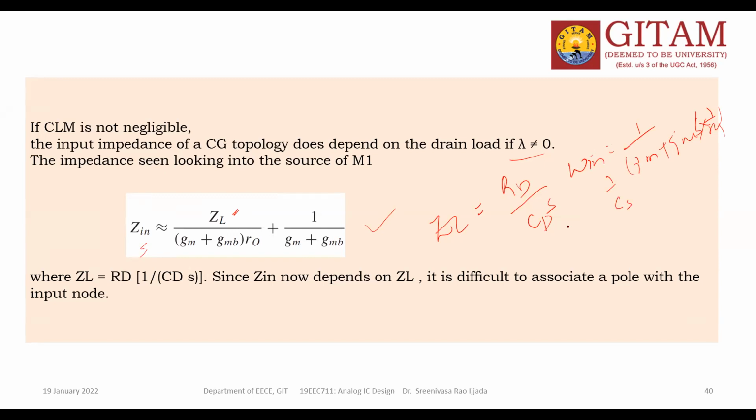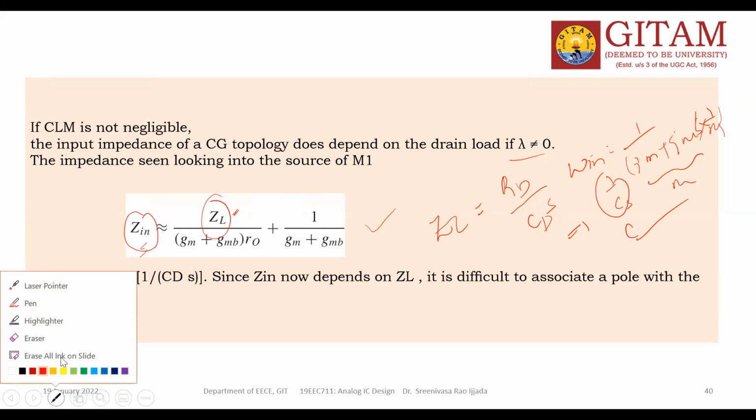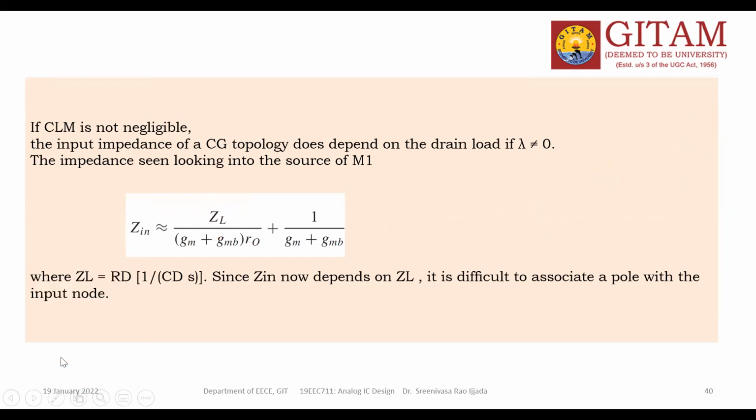We calculate it directly because this is the equivalent R and this is the C value, so omega in is simply 1 by RC. But whenever the input impedance depends on the load impedance, we cannot directly calculate the input pole. Got my point? Do you understand? Yes, sir.